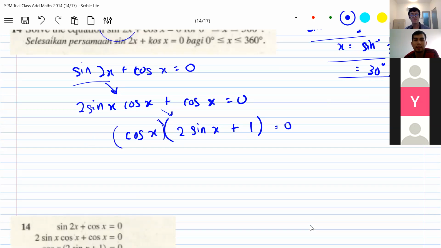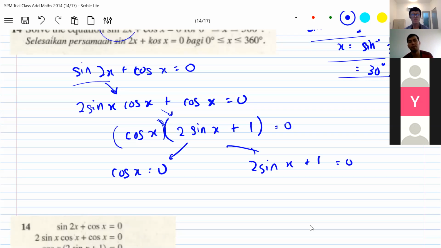That's why it's 0, because either one has to be 0, only then the answer would be 0. Right? This bracket couldn't be equals to 5 or 10 and then this one be equals to 5 or 10. Then this wouldn't be 0. Either one must be equals to 0. So then we can break that down into cos x equals to 0 and 2 sine x plus 1 is equals to 0.